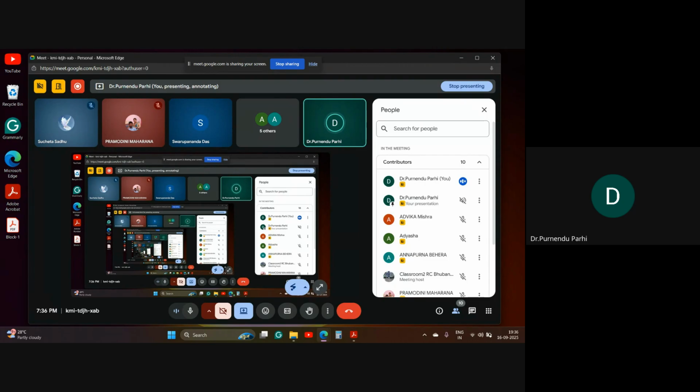Otherwise, you make a WhatsApp group. There I will share everything. Okay, official WhatsApp group is there, sir. Okay, then you add me there in the WhatsApp group. So I will send it. Sir, I'm not permitted. Admins can add, sir. IGNOU admins can add. Okay, so I will ask them to add me so that I can share.